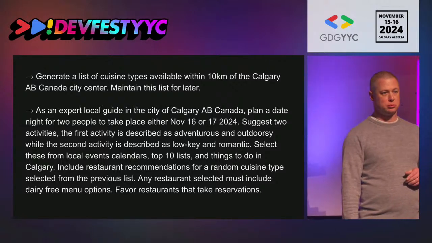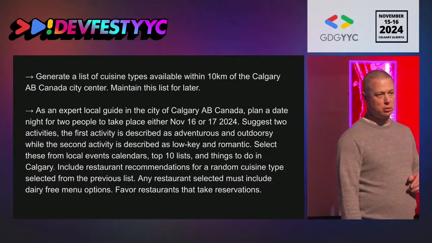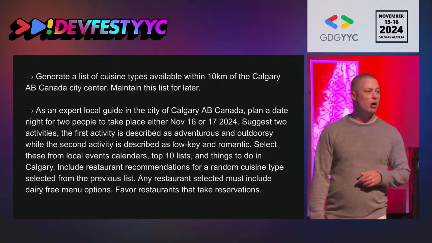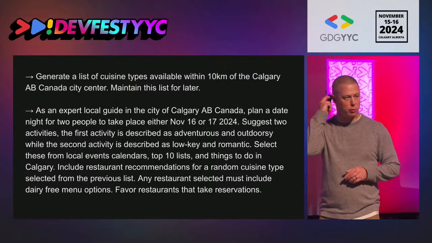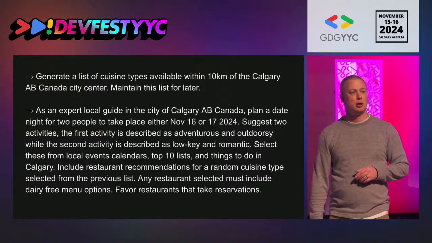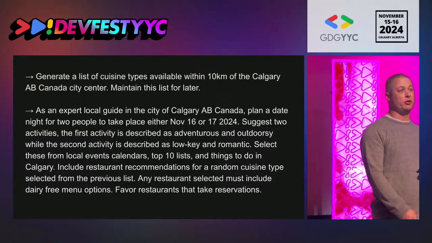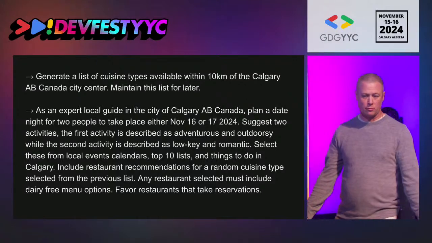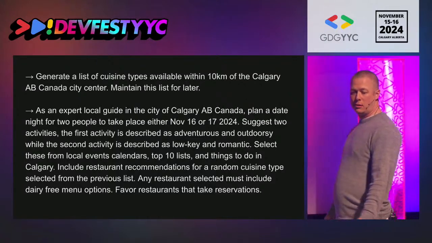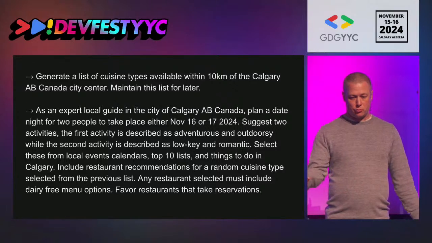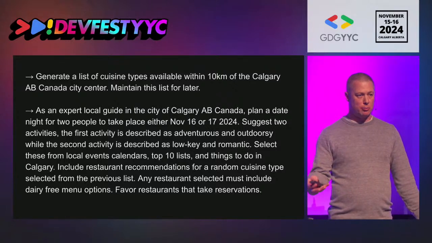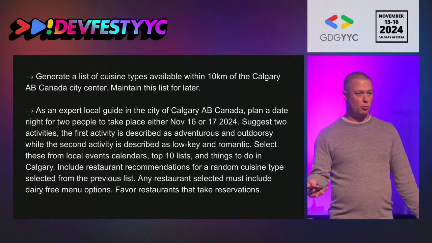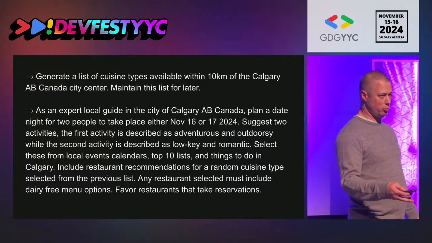Multi-step, chain of thought. Do things with things you know, right? I want random type of food. Well, go find a list of random types of food first, and then pick from that for me. The idea here is that you get a lot more power without sacrificing the usability for a prompt.